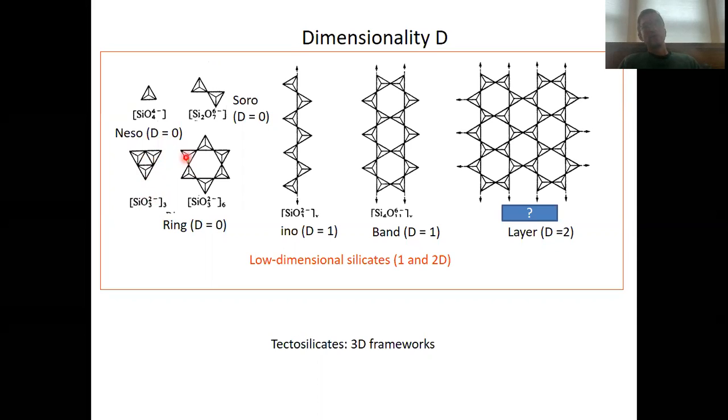This is of course also true for rings that have a different number of members. Also in this 6-ring, for example, we have only tetrahedra in which 2 oxygens are being shared, counting a half, and 2 oxygens are terminal, counting fully and carrying the 2 negative charges.